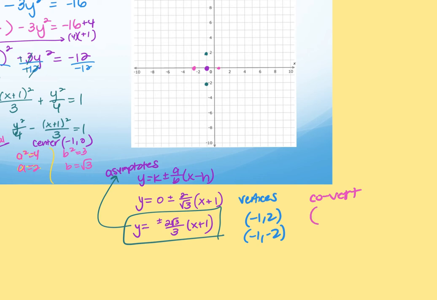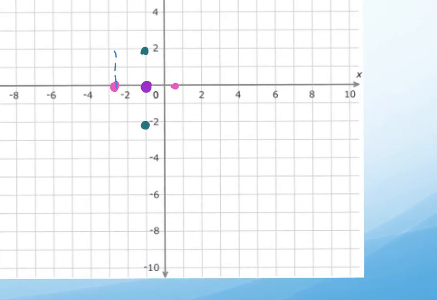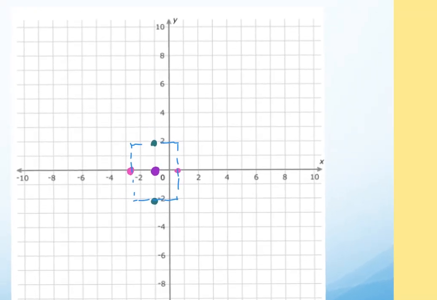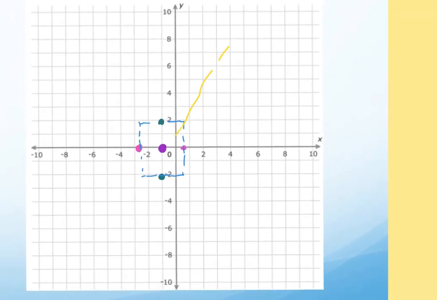It is my x, which is negative 1, plus and minus the square root of 3, 0. From there, I make the box. I draw the asymptotes through the corners. And it's vertical, so the branches go up and down.